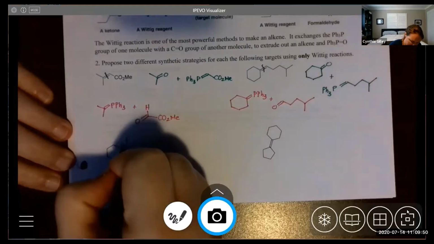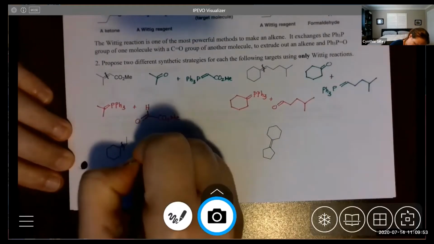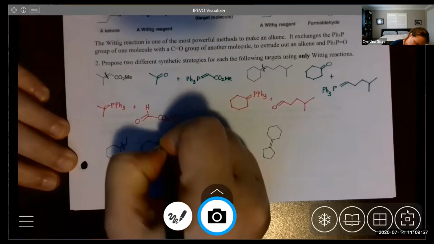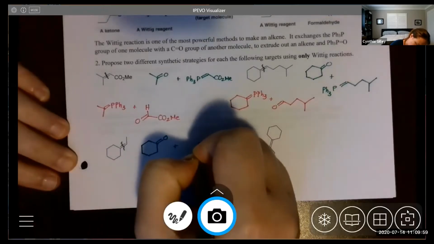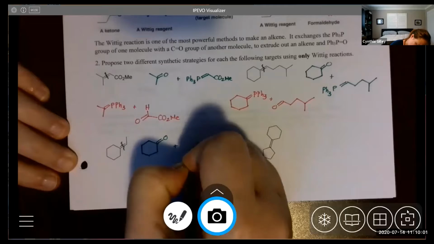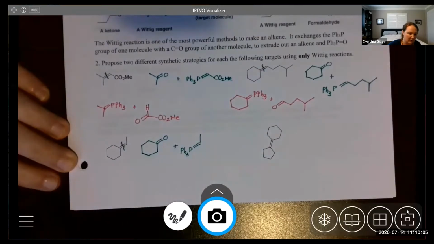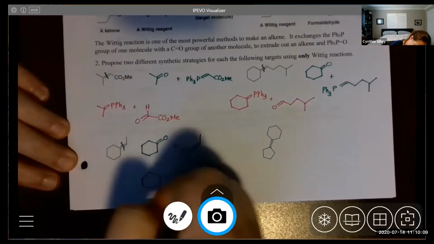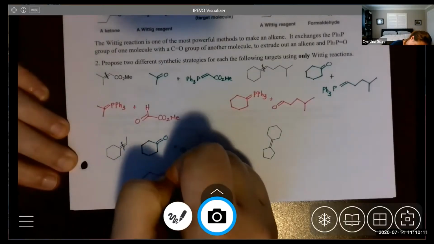Moving down here, the same process, just extra practice for you to think about making it two different ways. One way or another way.